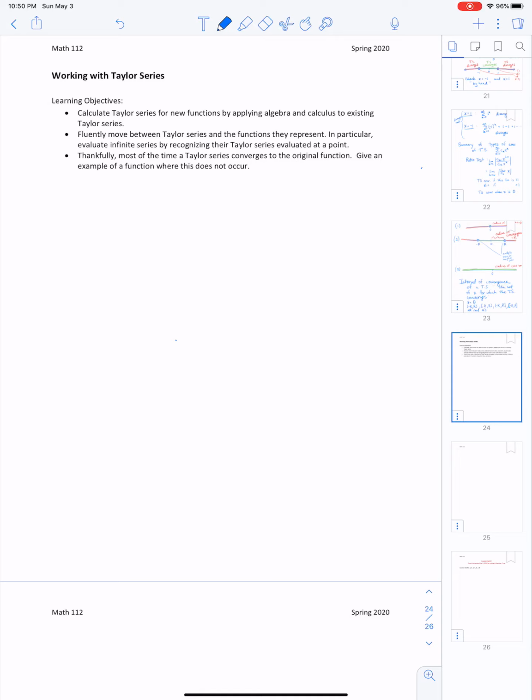Okay, so let's start with manipulating Taylor series. We had the example 1 over 1 minus x, and this is the sum from k equals 0 to infinity of x to the k.